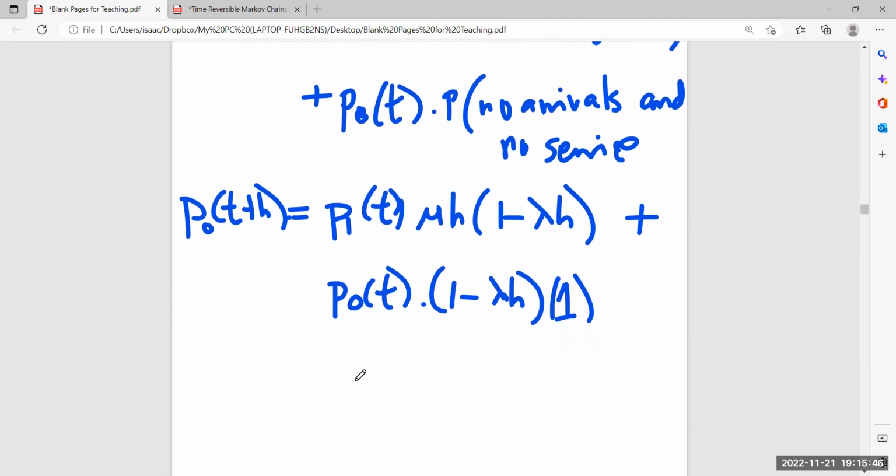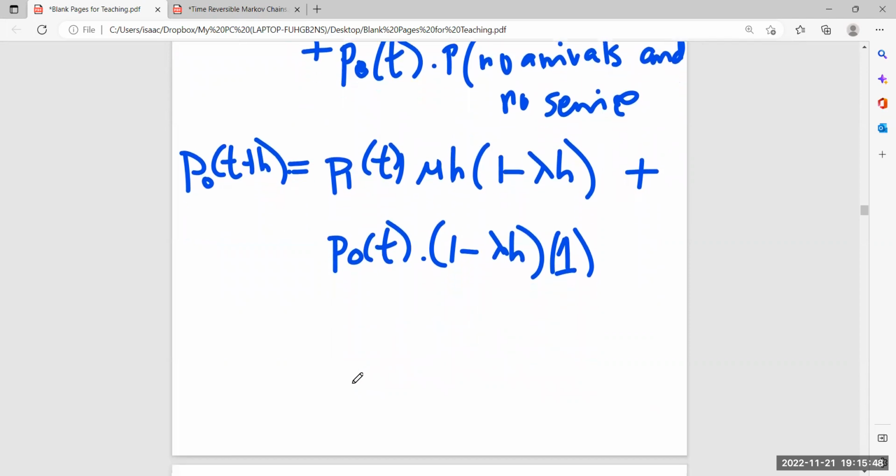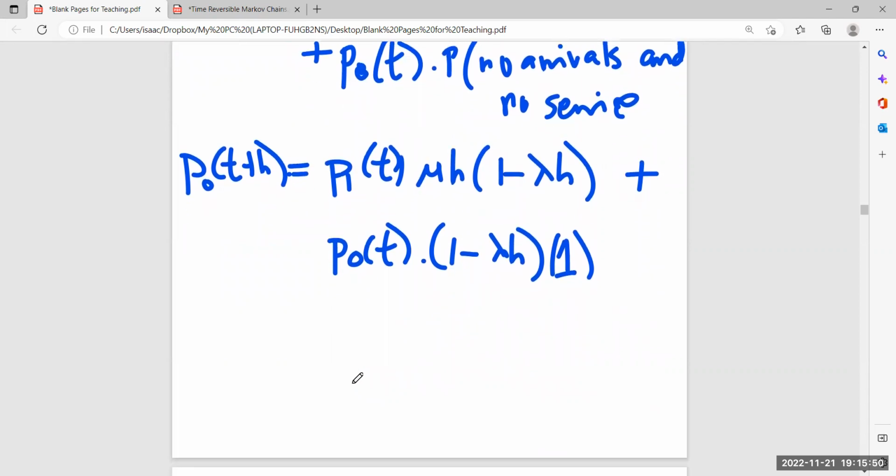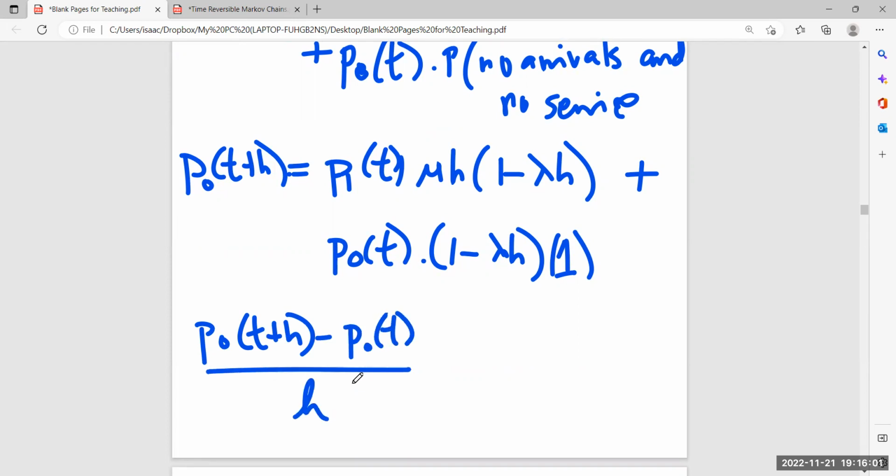Now we're just going to repeat the process that we had before, and write it as P0 at t plus h minus P0 at t, all over h. And this is equal to P1 at t times mu minus P0 at t times lambda.